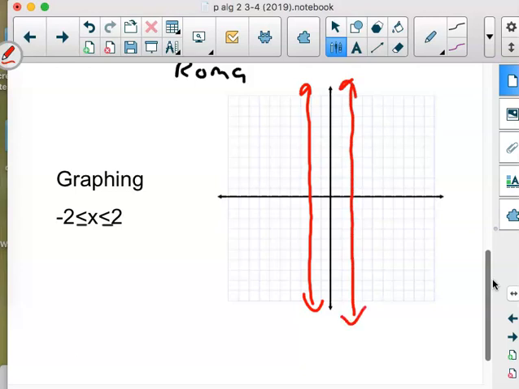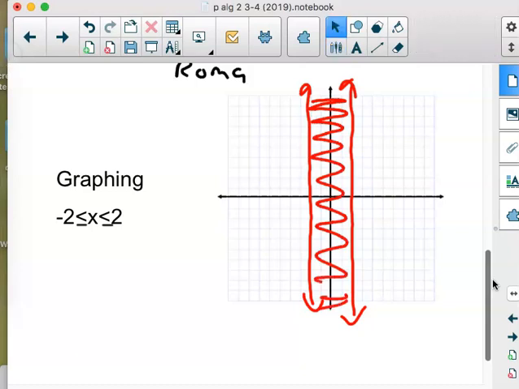And you see how x is sandwiched between those two? So that's where your shading goes. I always wait until I teach that to one class, and if they totally get it, then I don't have to go over it. But it looked like 3rd hour was a little bit stumped by that, so I wanted to make sure that you remember how to graph those.